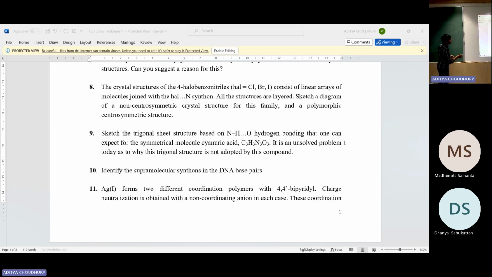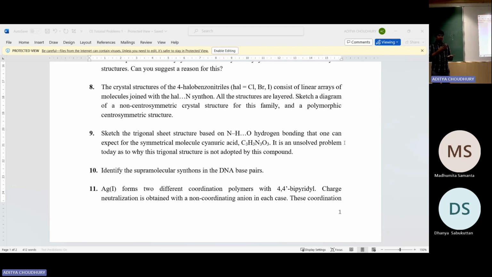Okay, let me draw it for you briefly. Take the molecule. Can you draw the structure with non-centrosymmetry? Does it have centrosymmetry first of all? No, it's non-centrosymmetric.